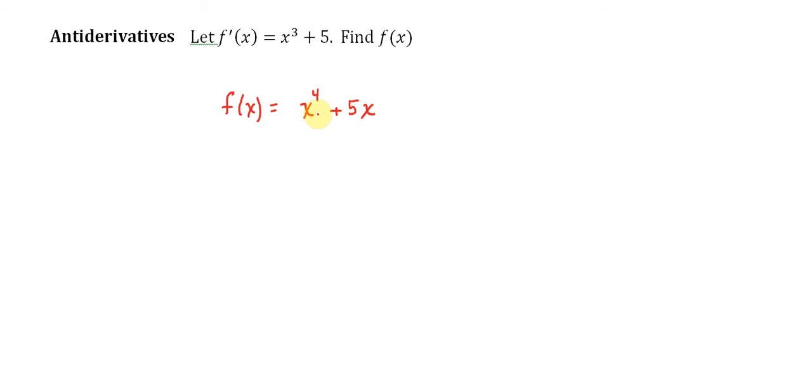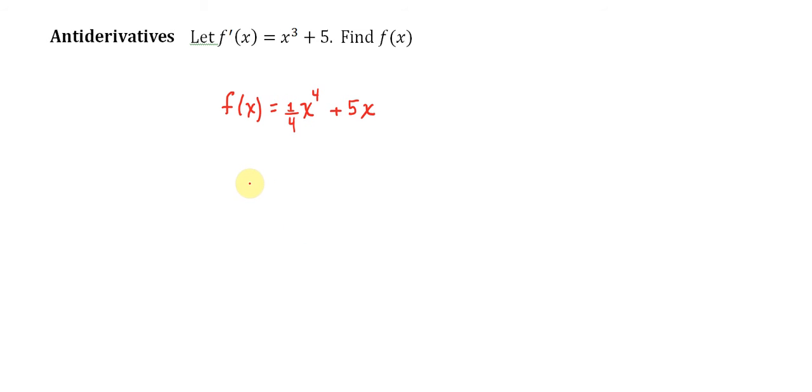Because if you take the derivative of f, you will get x to the third plus 5. Except for one little change. If you were to take the derivative of f, you wouldn't exactly get x to the third, you would get 4x to the third. So in order to adjust for that difference, we need to multiply the front here and introduce a coefficient of 1/4.